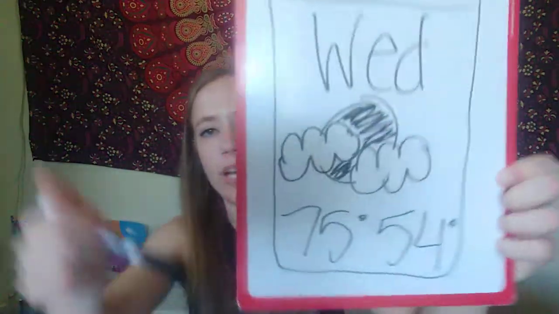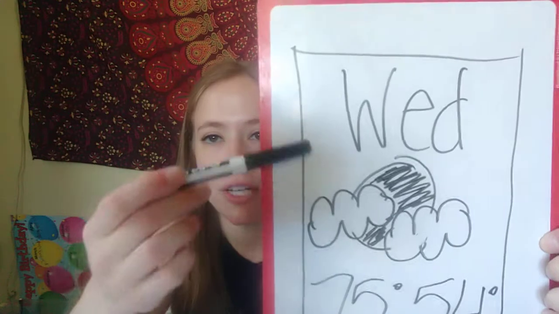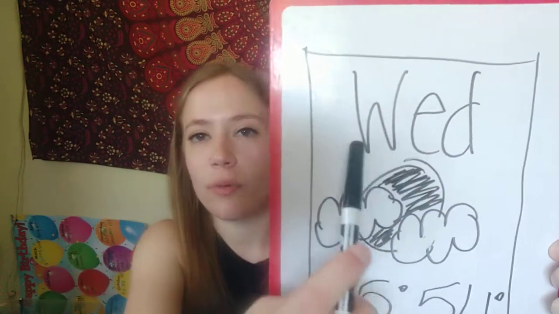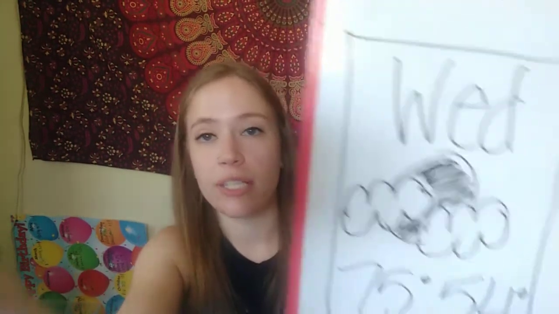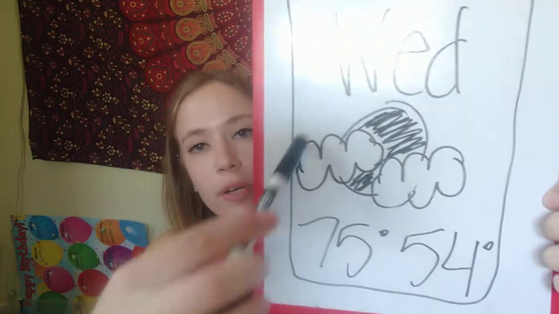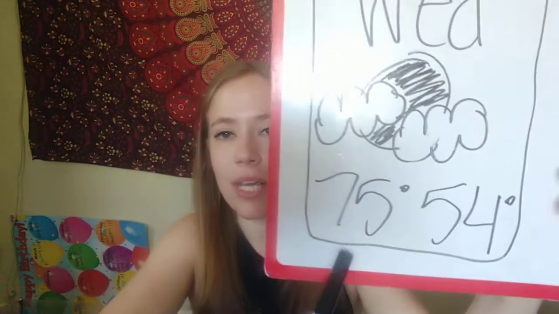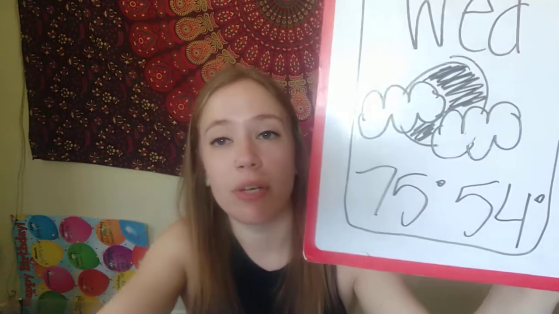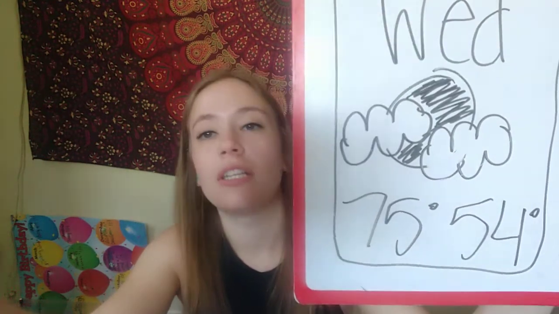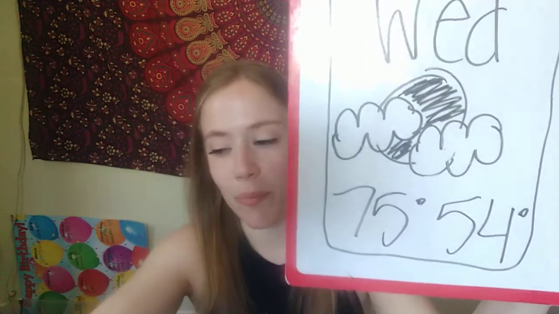And then I see two temperatures. I see 75 degrees and 54 degrees. So, if we have our blue box around Wednesday, and then one of these is going to be our lowest expected temperature, and the other will be our highest expected temperature.